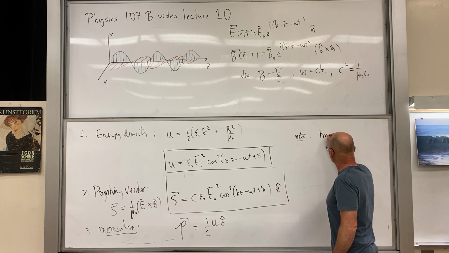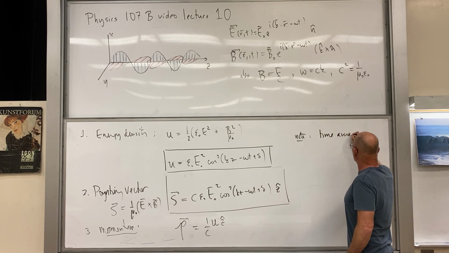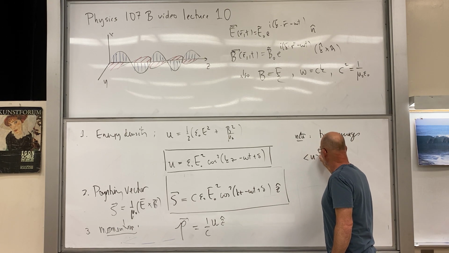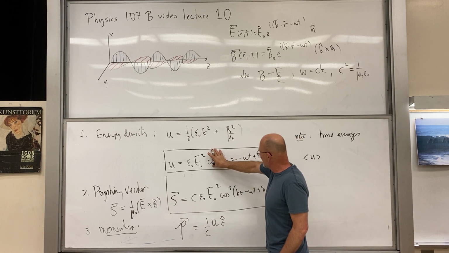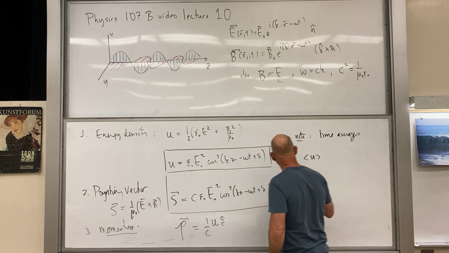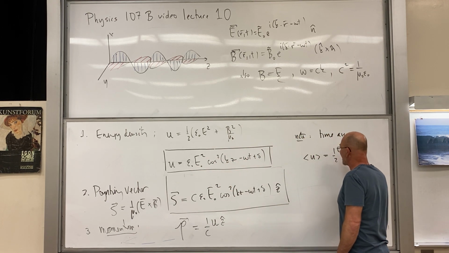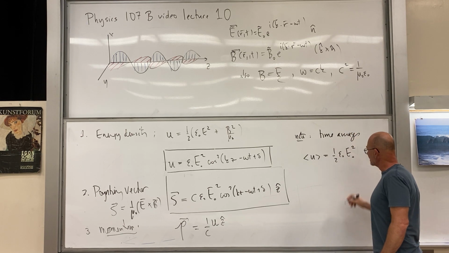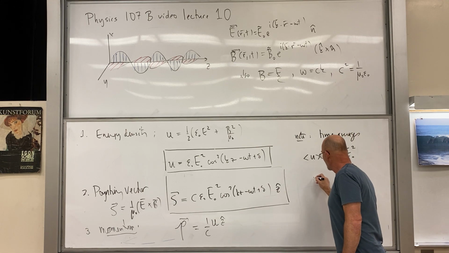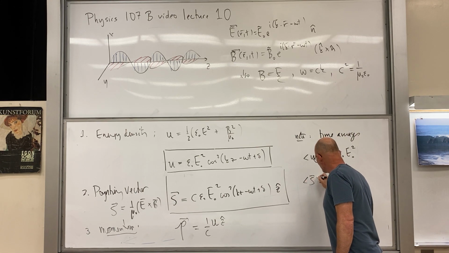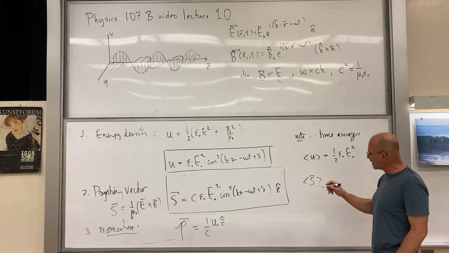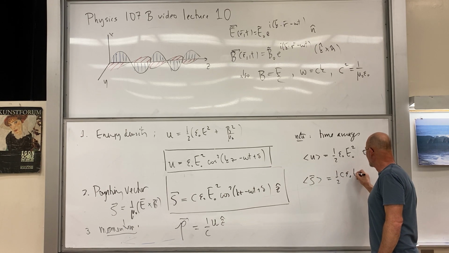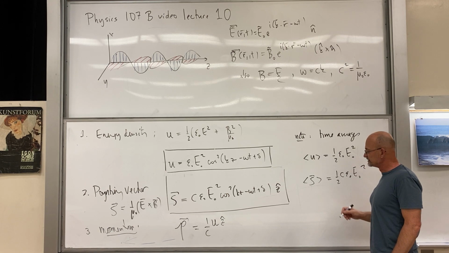Time averages are these same expressions here. Get rid of the cosine squared and just put 1/2. So 1/2 epsilon naught E naught squared, and the time average of that vector, it's still a vector, by the way, 1/2 c epsilon naught E naught squared.